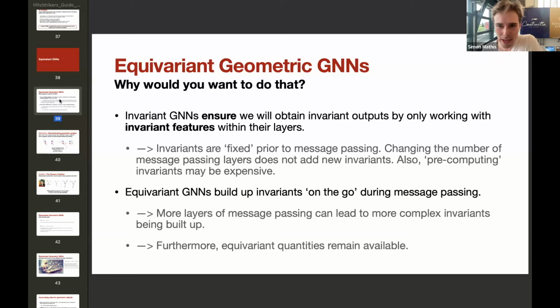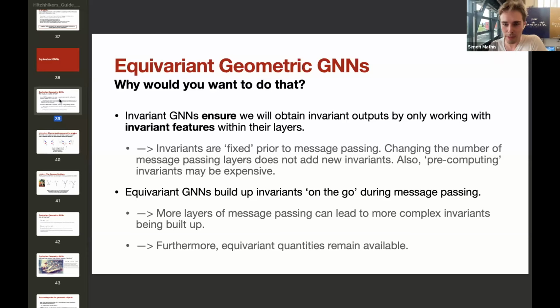That disclaimer being said, let's first start thinking about why you would want to build equivariant GNNs in the first place. For that, it pays off to think about invariant GNNs and what they're good at and what they're not so good at. The idea, as Alexandra just said, with invariant GNNs is that we make our life simple and ensure that we have invariant outputs by making sure that the inputs to our model are already invariant.